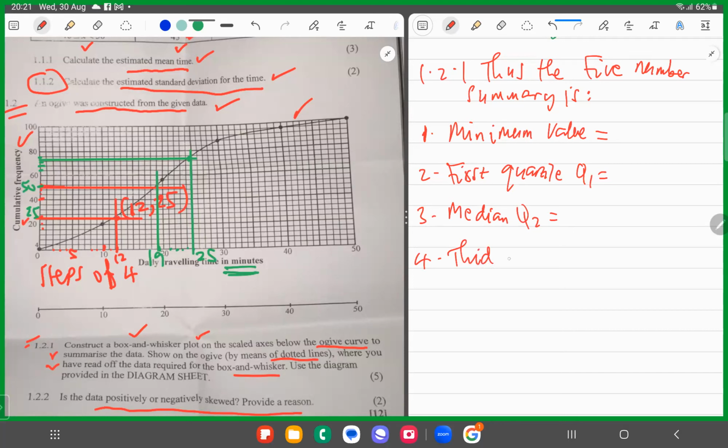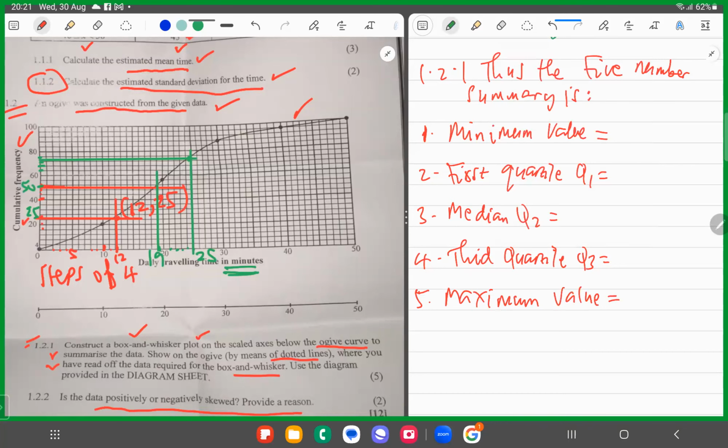The third quartile, Q3. And then here we're going to have the maximum value. Okay, this is called the 5-number summary.